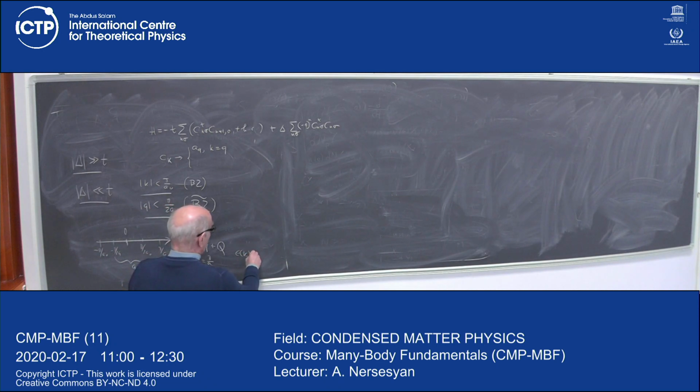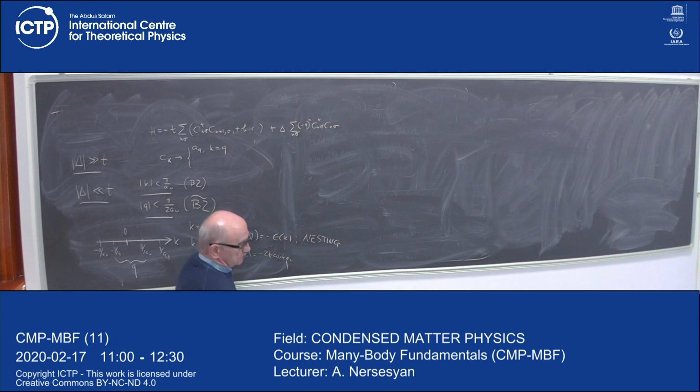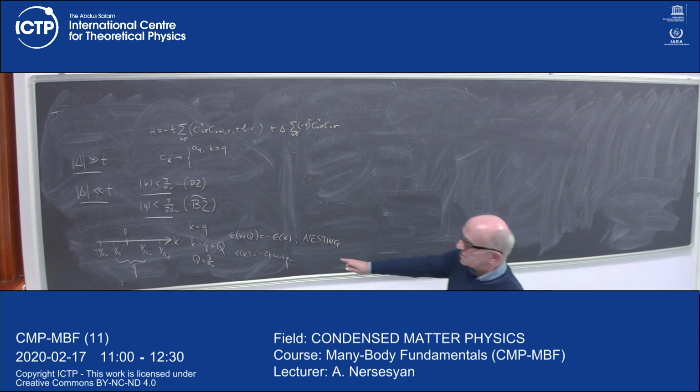Because of the spectrum epsilon of k, which is twice t cosine k a naught, a very important property is satisfied: epsilon of k plus Q is minus epsilon k, and this is known as the nesting property. Nesting is just this very property which makes the metallic state eventually unstable, which causes lots of instabilities of a metallic state in 1D.